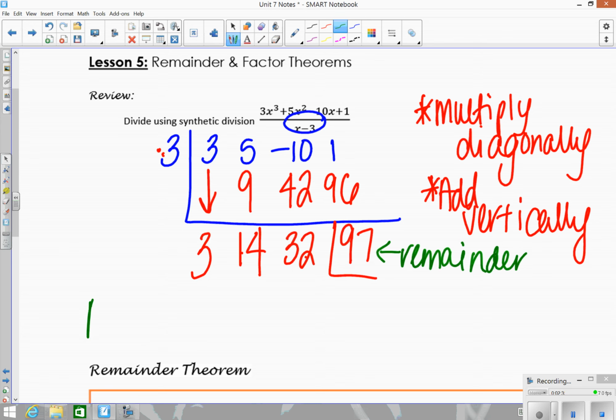Your answer, remember, is always 1 less than the degree of the original. Since the highest exponent in this one is 3, this was a degree 3 polynomial, and I divided by a degree 1 polynomial, or a linear term, which means my answer needs to be a degree 2.